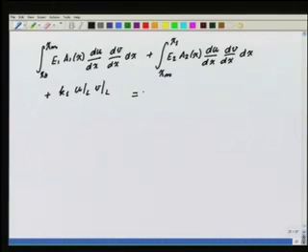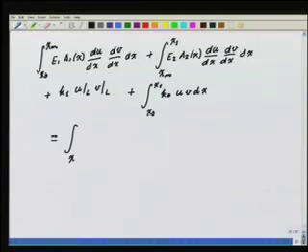This is equal to, plus I will have to add another part: the part due to the spring, integral x0 to x1 K0 uv dx. This will be equal to the load part, integral x0 to x1 fv dx.